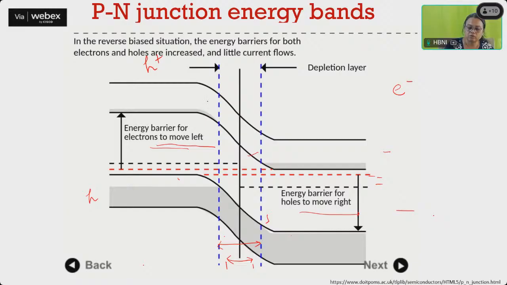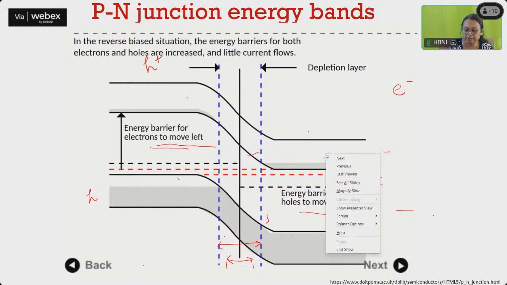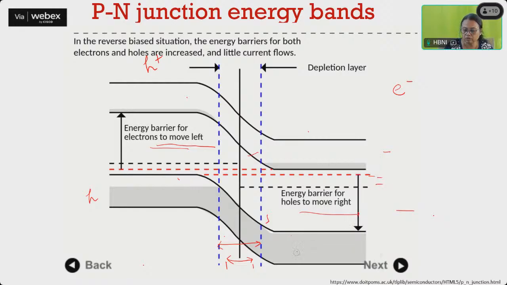So the electrons will not be able to flow easily from the conduction band of the p type to the conduction band of the n type, and similarly holes will not be able to migrate. Because of this, the semiconductor is said to be reverse biased, and the depletion layer is increasing.